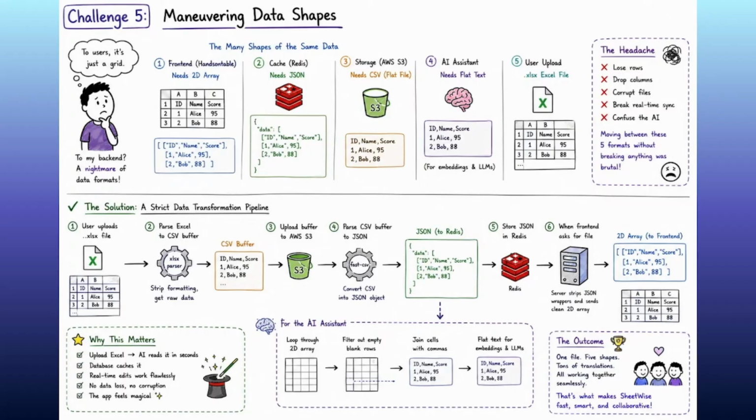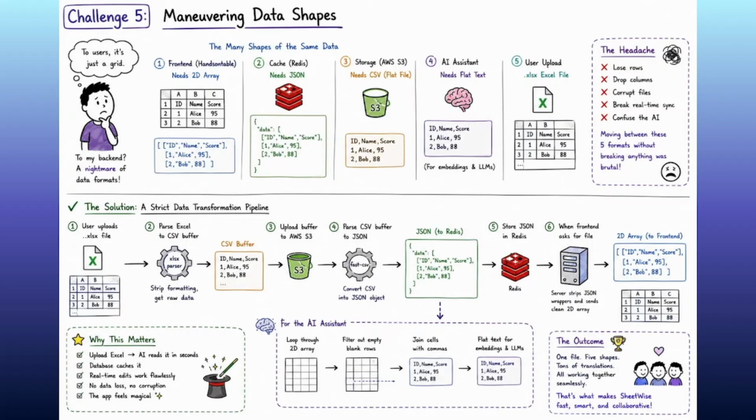Finally, when the frontend asks for the file, the server strips the JSON wrappers and sends down a clean 2D array. And for the AI, I had to write custom mapping logic to loop through the 2D array, filter out empty blank rows, and join the cells with commas so the LangChain model could actually read it.